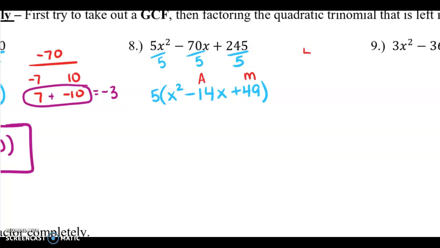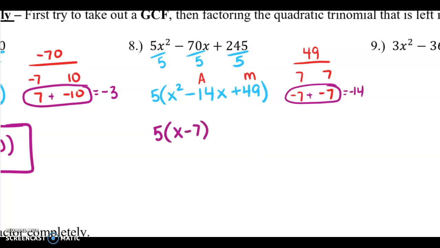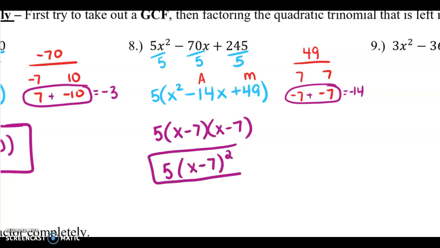Two numbers that multiply to 49 are 7 and 7, or -7 and -7. Since I have to add to -14, it's going to be -7 and -7. So I have to keep that 5 on the outside, and then it's x minus 7, x minus 7. But like I said before, you should write that with an exponent. If we were in class, I would definitely make you write that with an exponent. But since we're not together and times are weird, if you wrote it separate, that'd be fine too.